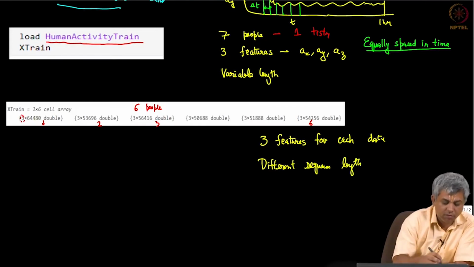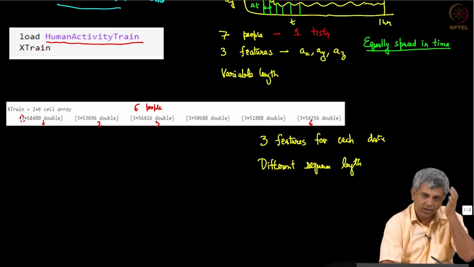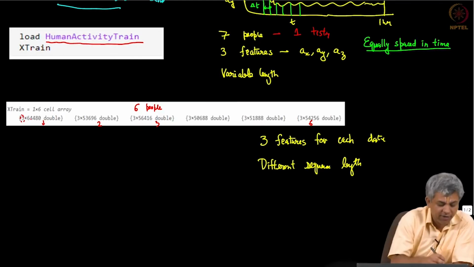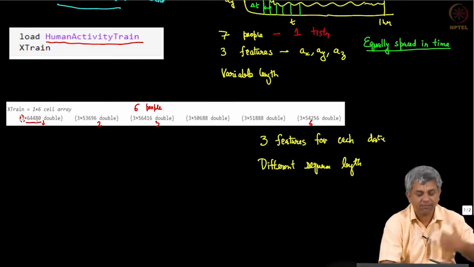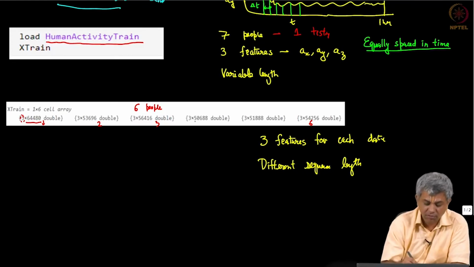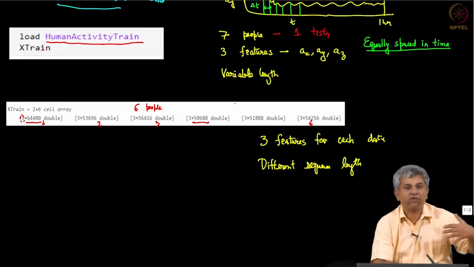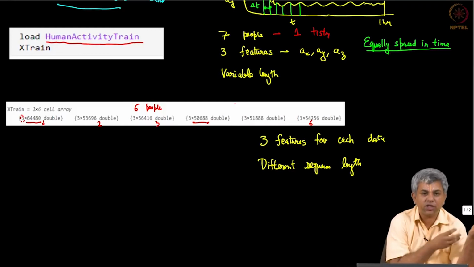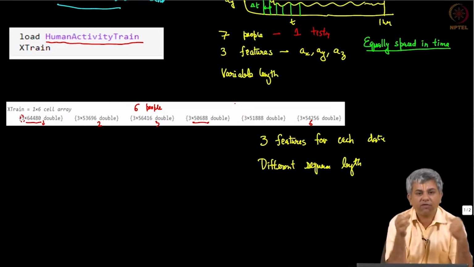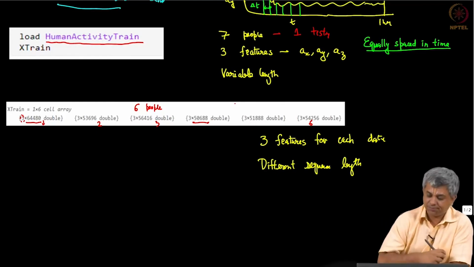So, person 1 actually measured or continued their activity for a much longer time, because it is going for 64,480, whereas this person is probably the shortest in this data set. This person went for 50,688. Okay. So, this is to say that you can train even though each person actually gave you data for different lengths of time. Okay. So, that is the advantage of an RNN.